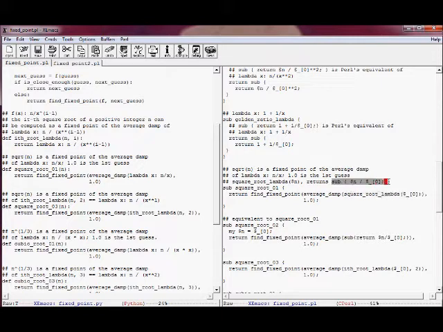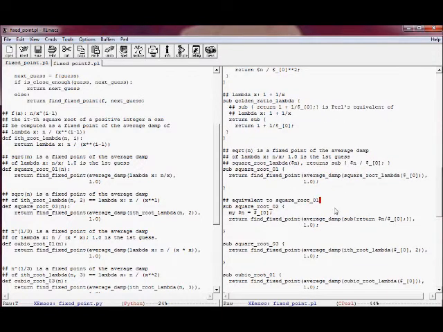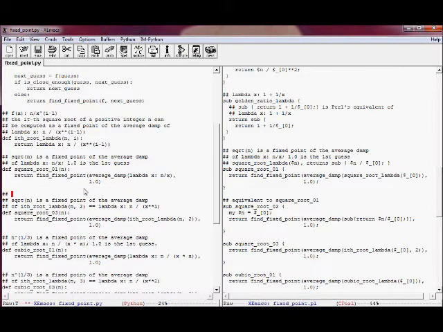Okay, so this is what this returns: square root lambda. This is equivalent, except that it cuts out one level of indirection through the call to square root lambda. We can simply inline the generation of an anonymous function in Perl, as we did in Python.